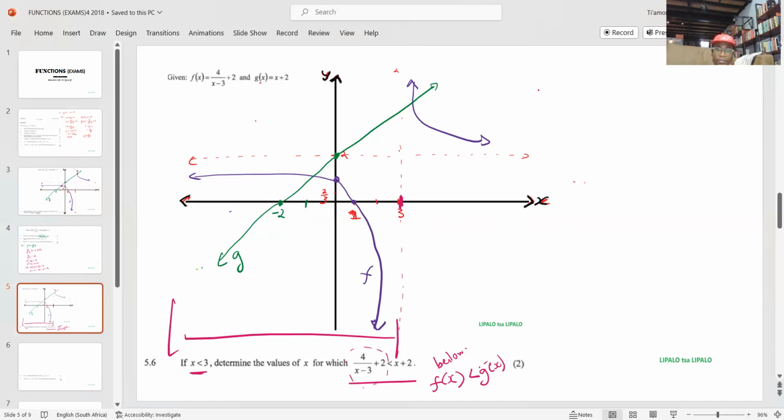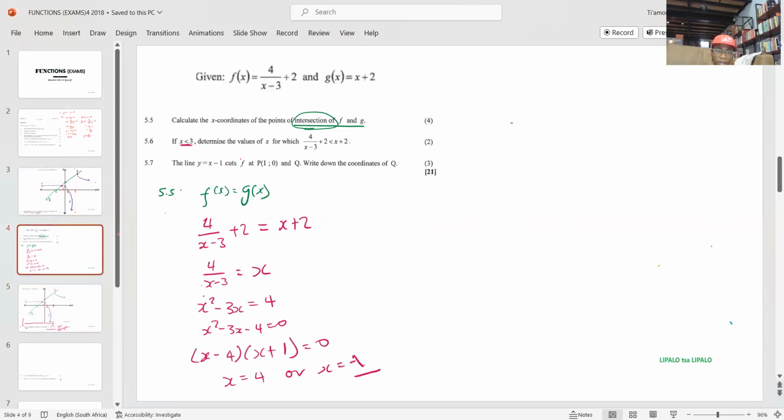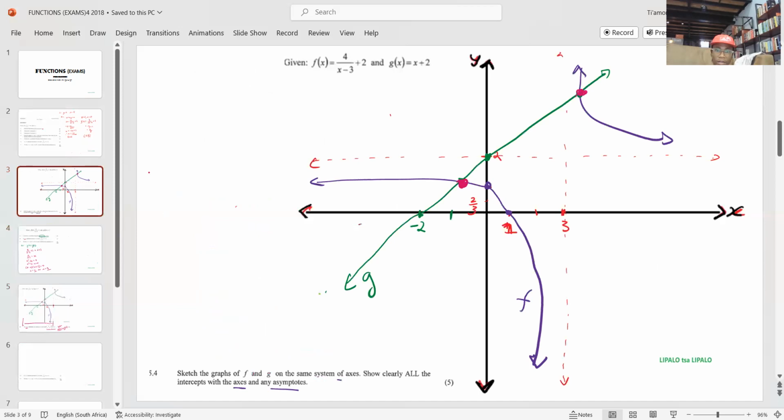So I'm going to look where f is below. f is the blue one. So f is below from 3 going to this point here. This point, I just calculated it. It's the point of intersection. It's -1, and the other one is 4. So I have -1 here, and the other one is 4, the x.